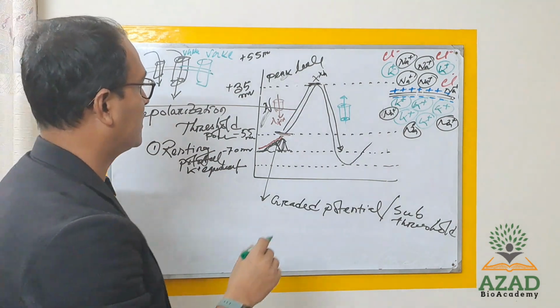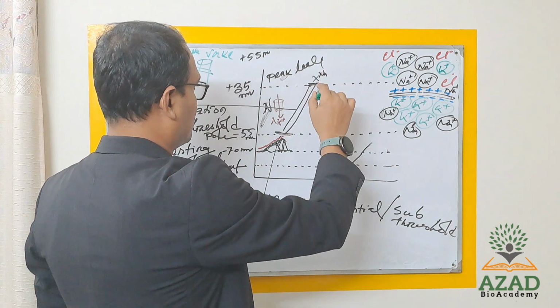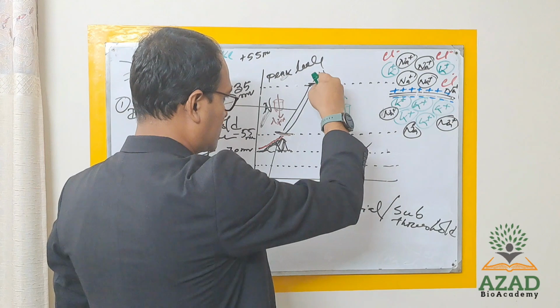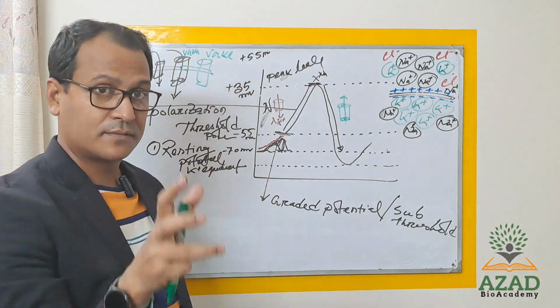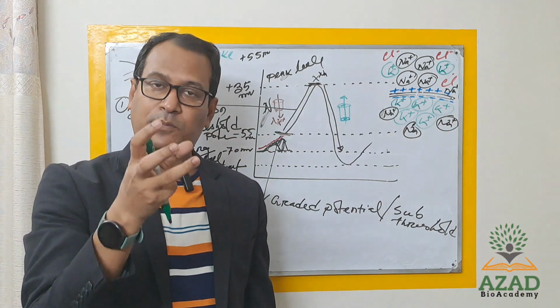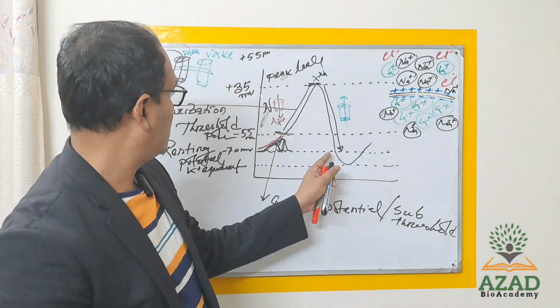Then what will happen? The intensity of the action potential will just decrease, that is, it will just go towards the resting level. That means your nerve cell's potential changes will try to return to the resting level.